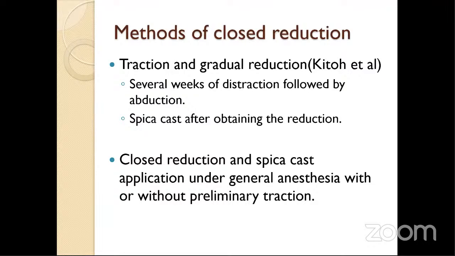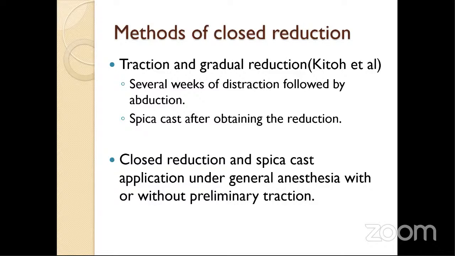You can start with several weeks of distraction in linear fashion, followed by an overhead abduction bar, and then again continuing traction till gradually the hip reduces spontaneously. Here you are achieving reduction by traction itself. This is what we rarely follow, it is more historical, but Japanese still follow it with good results and they have published it.